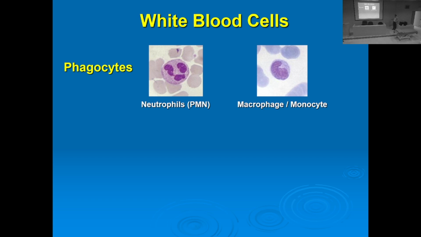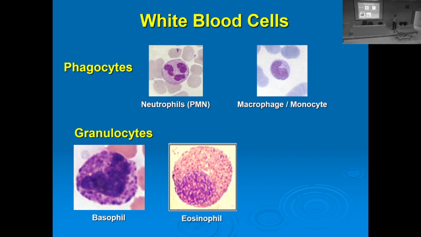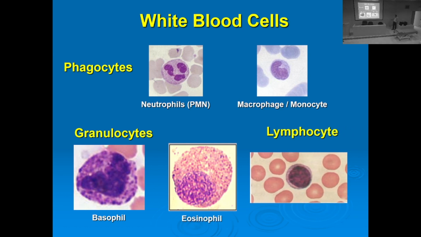We can recognize them because of that. The macrophages are different morphologically, the size is approximately the same, a little bit less than polynuclears. And then we have the granulocytes: the basophils, the eosinophils, and the lymphocytes, of course, specific immune cells.